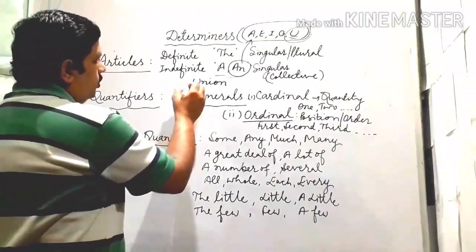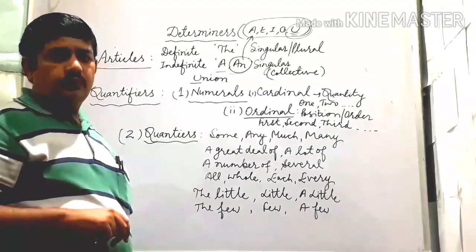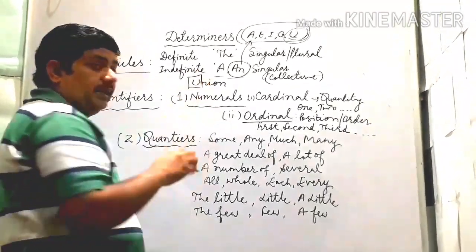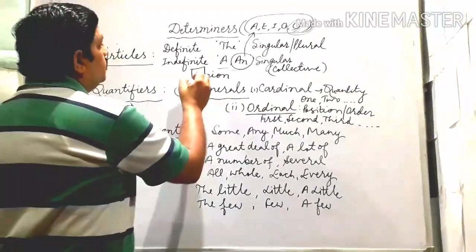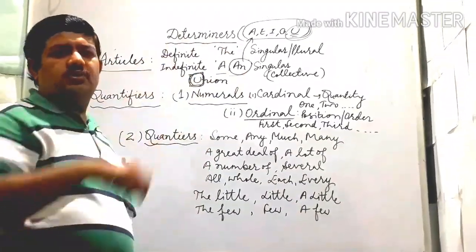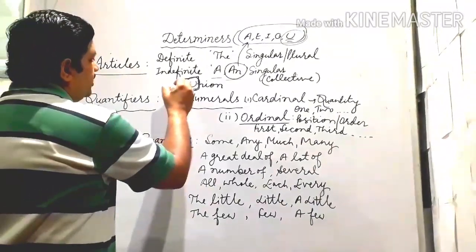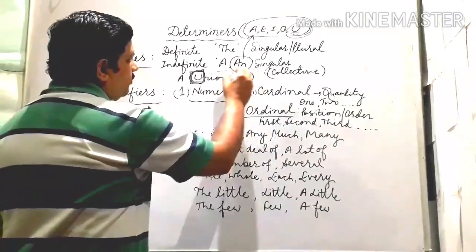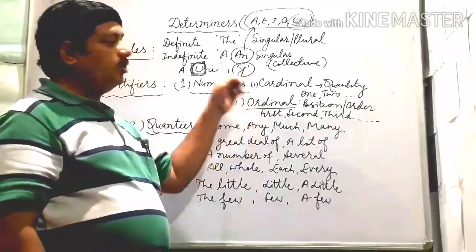So there we should not feel that it is a vowel sound, so we should use a. It is not because of the letter; it is only because of that sound. Most of the children feel that okay, U is there, so we should use an here. But there is a logic that this particular U is giving you this kind of sound, and Y is representing a consonant.